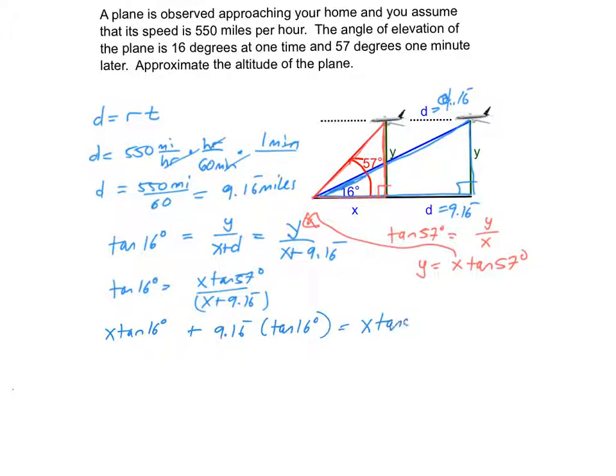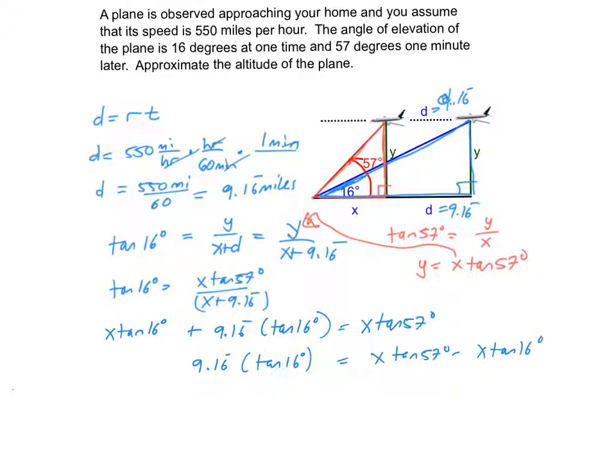I want to put both terms with x in them on the same side, so I'm going to subtract x tangent 16 from both sides of the equation, which is going to leave me with 9.16 repeating times tangent 16 is equal to x tangent 57 degrees minus x tangent 16 degrees.